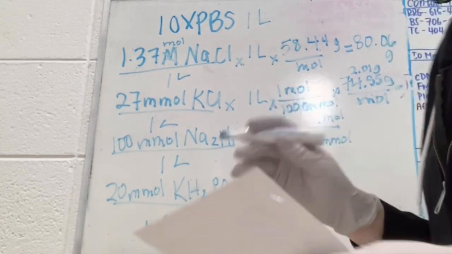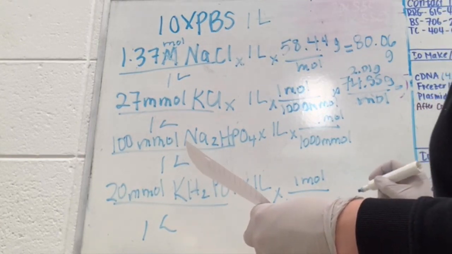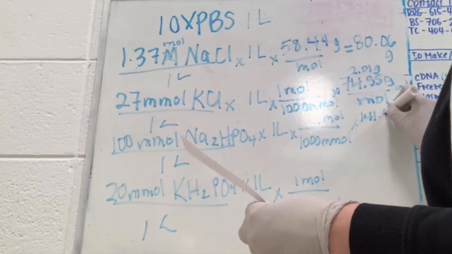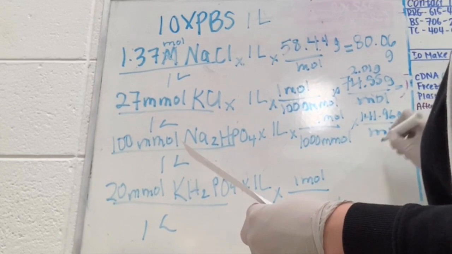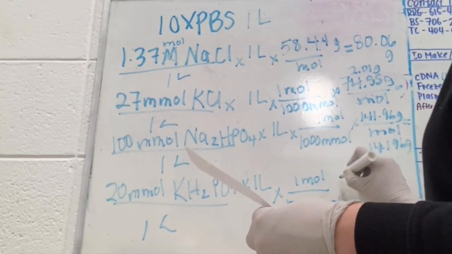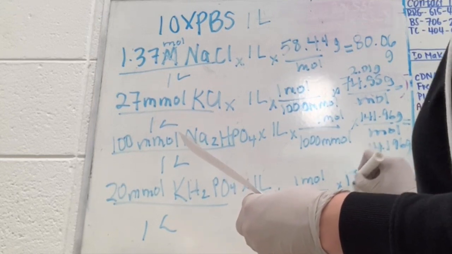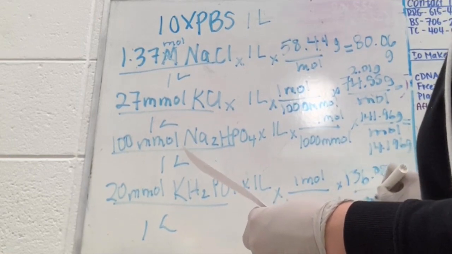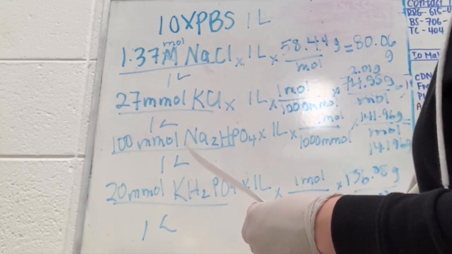Sorry, I'm running out of space here. And for the 100 millimolar solution, this is 141.96 grams per mole, which ends up being 14.196 grams. And this multiplied by 136.08 molecular weight grams per mole equals 2.72 grams.